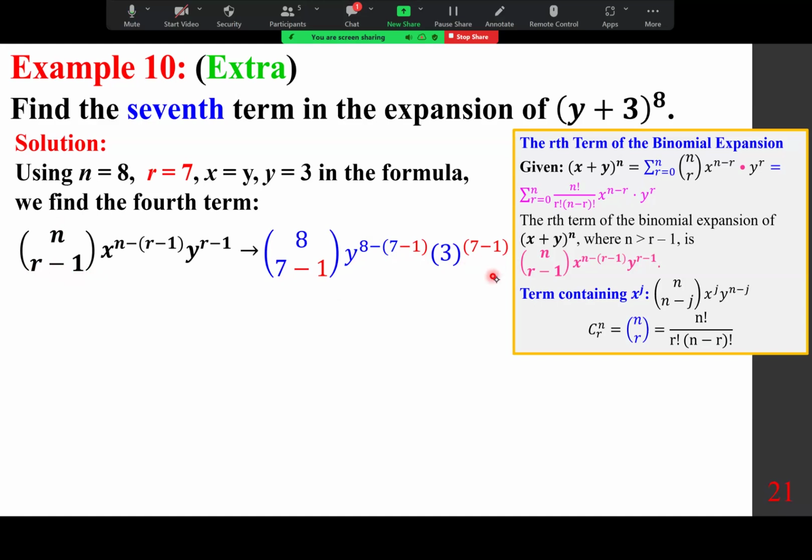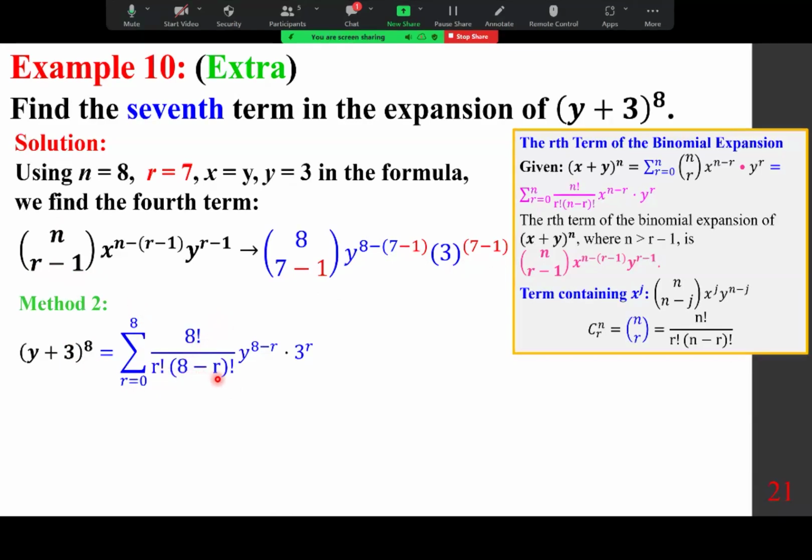Or the second method that I mentioned is that we know this is the case. (y + 3) to the power of 8 is the summation of r from 0 to 8 of 8 factorial over r factorial times (8 minus r) factorial, y to the power of 8 minus r, 3 to the power of r. So we want the 7th term, and we may notice that for the first term, r is 0.